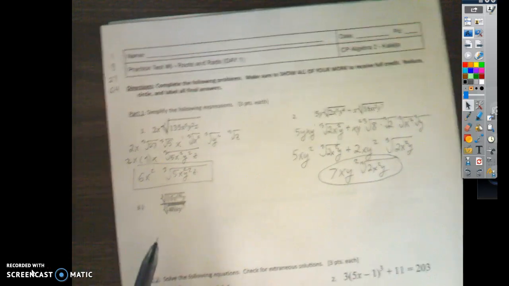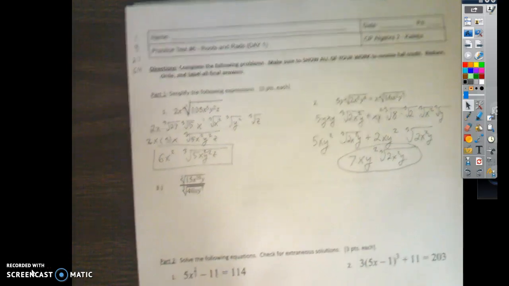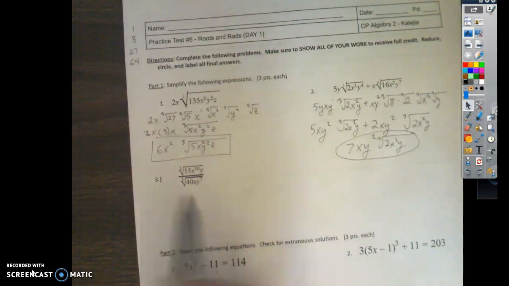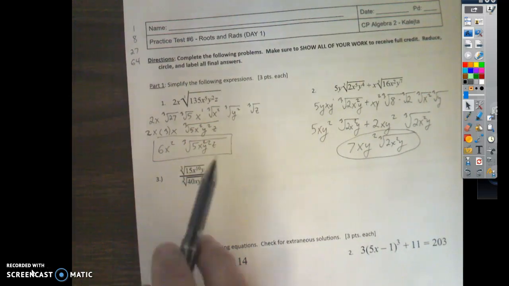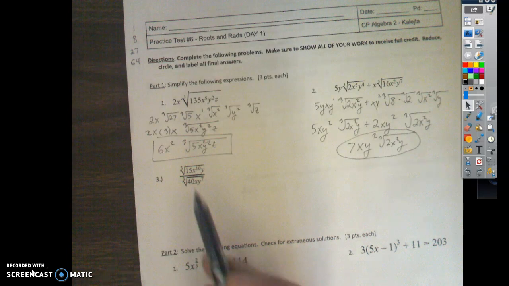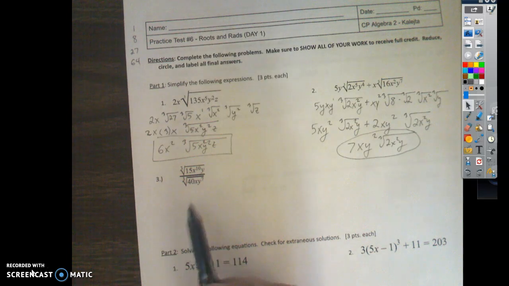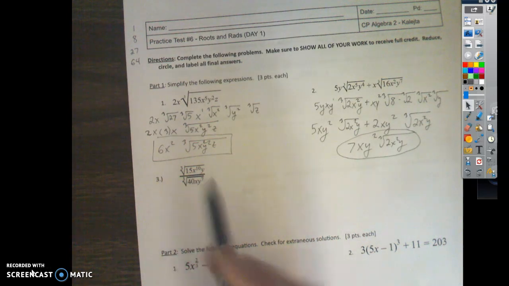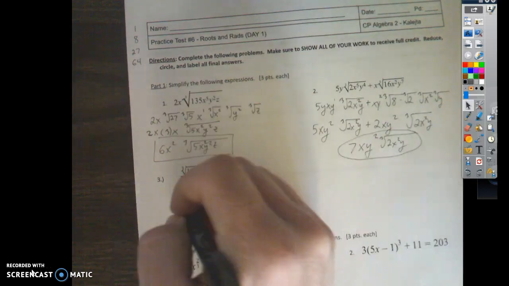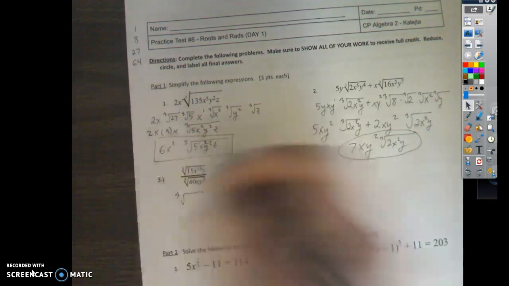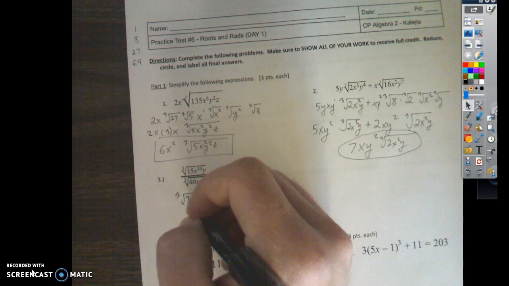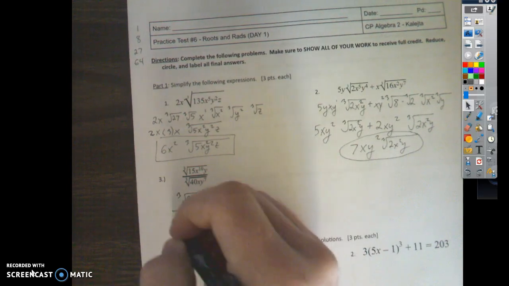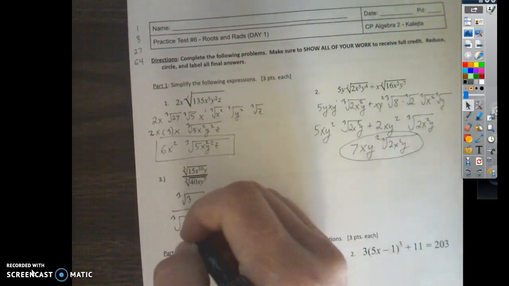Down here for number 3. This one looks super scary, but it's actually very nice and easy as long as you keep things simple. Everything's under the cube root. Look at your numbers first, 15 over 40. What number can go into both of them? Hopefully you're thinking 5. If I divide the top by 5, 15 divided by 5 is 3, and down low, 40 divided by 5 is 8.